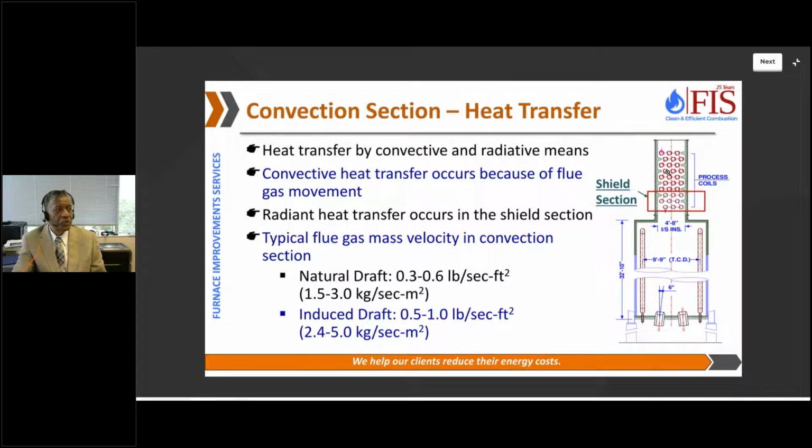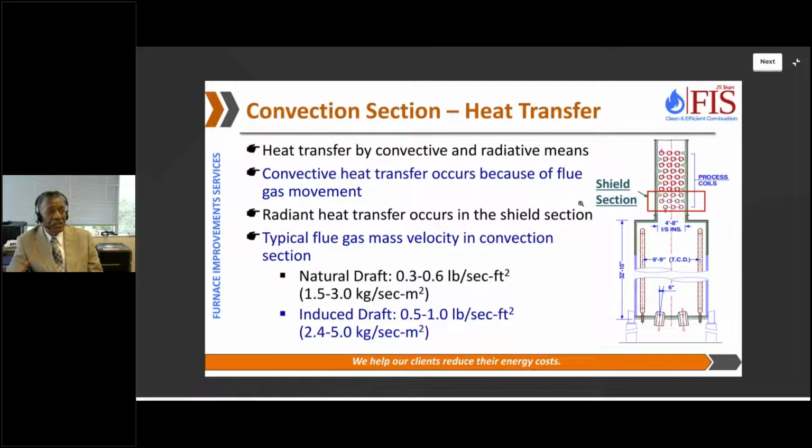So this is basically showing you the convection section layout. This is the radiant section over here, shield section here, convection section, extended surface tubes over here. In the convection section, 85% heat is transferred generally by convection, and about 15% heat is transferred by radiation.